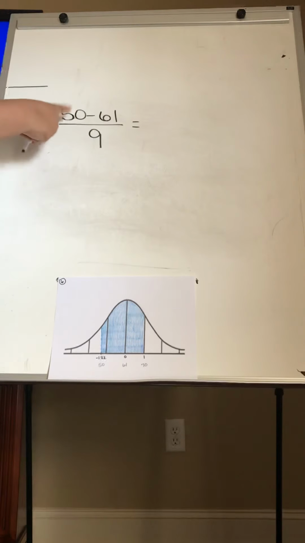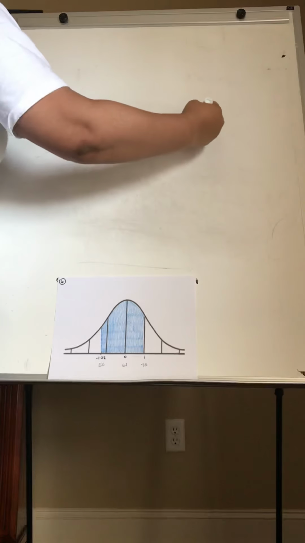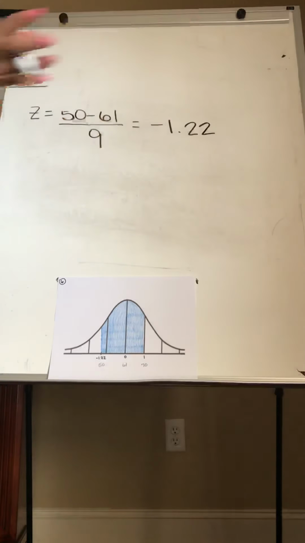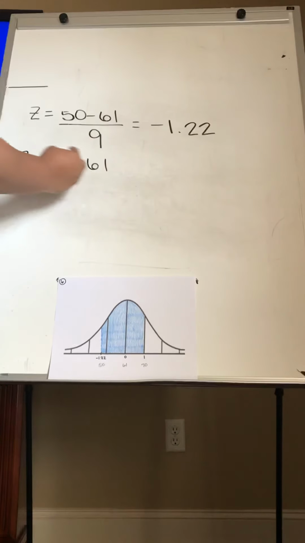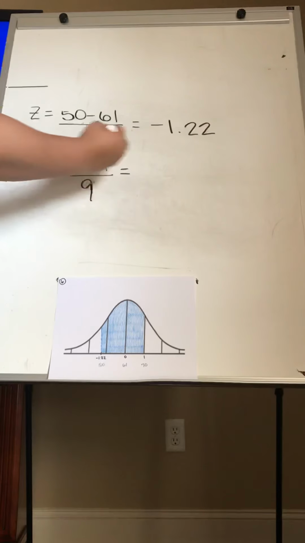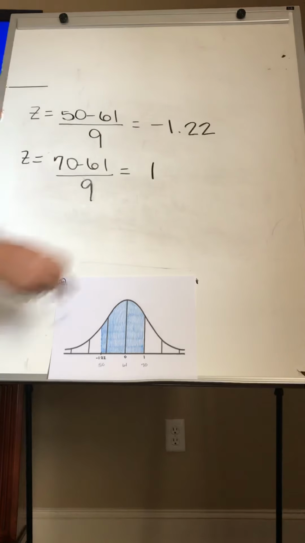So when you say 50 minus 61 divided by 9, you get a negative 1.22, and my 2's are repeating. So it's going to stay at 22 because 2 does not make it go up to a 3. Okay, we're going to convert 70 to a z-score. And so we got 70 minus 61 divided by 9, and that would give us 1 on the dot.